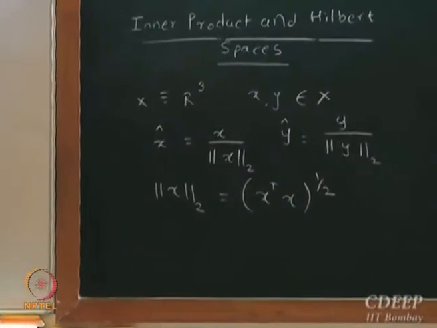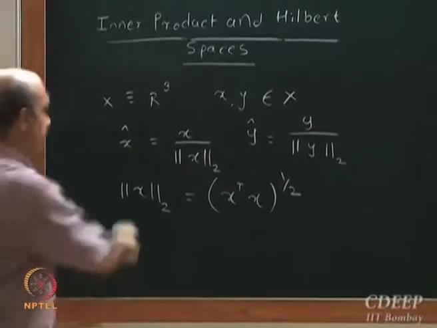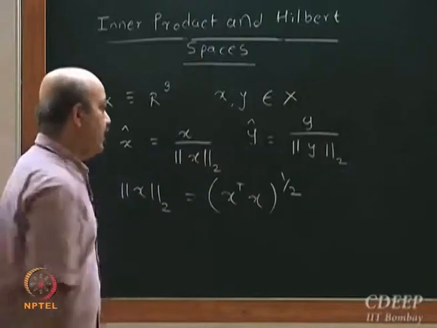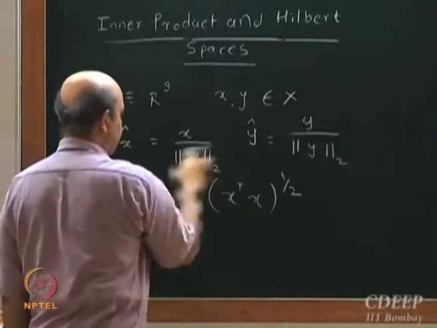The 2 norm of x is x transpose x raised to half. We construct two vectors which are unit vectors in the direction of x and y, and then if I want to find out the angle between x and y, I have to take a dot product.